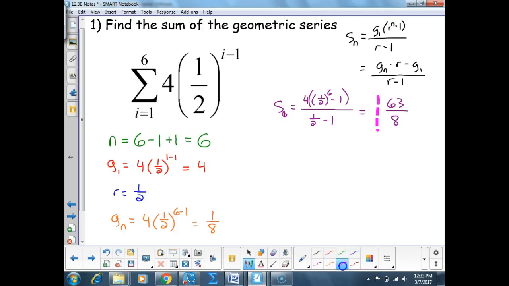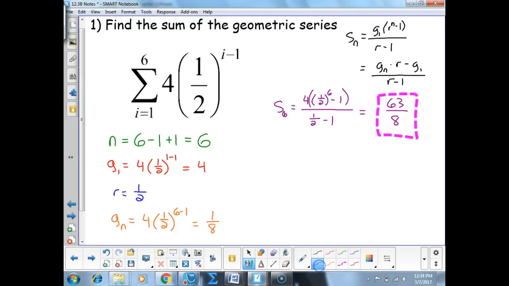Then subtract 1 equals. Then times 4 equals. Then divide that by, and in my brain I would do 1/2 minus 1 is negative 1/2, so I divide it by negative 1/2. And we get 63/8.